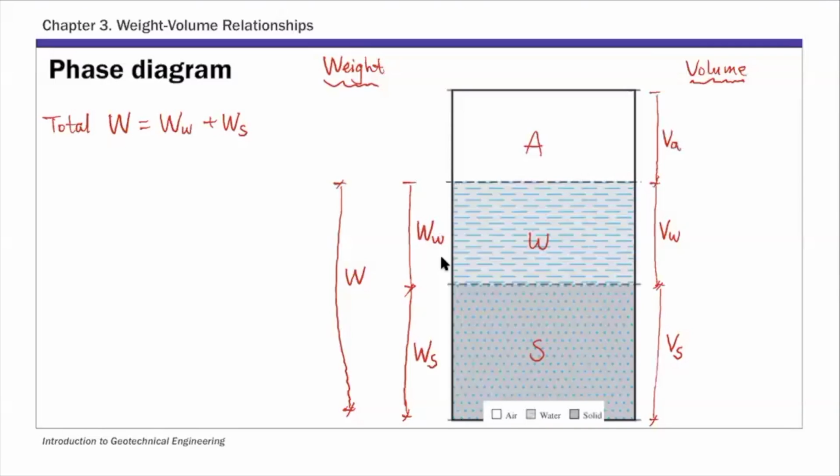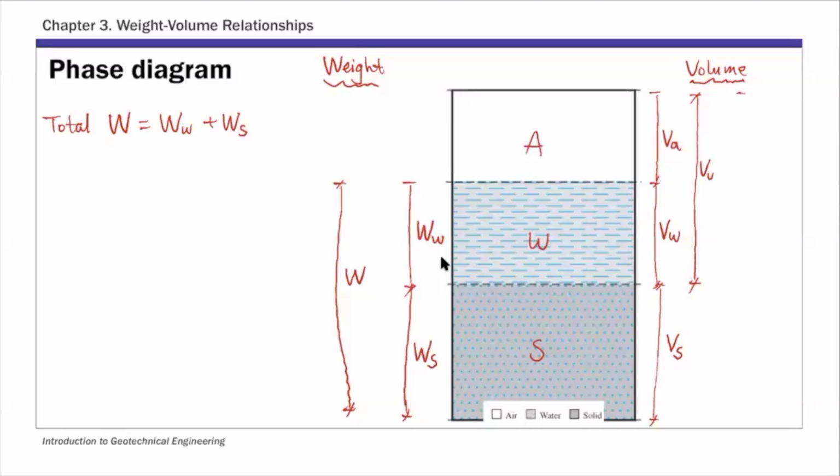Volume of air and volume of water together occupy the void space. So this is called volume of voids, V sub V. Volume of voids consists of volume of water and volume of air.